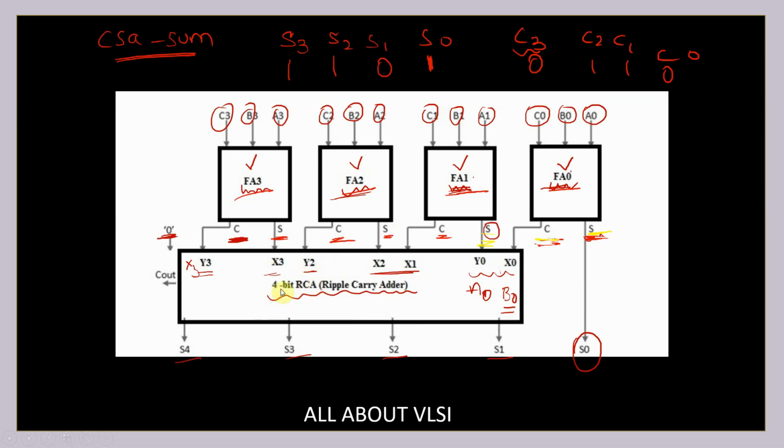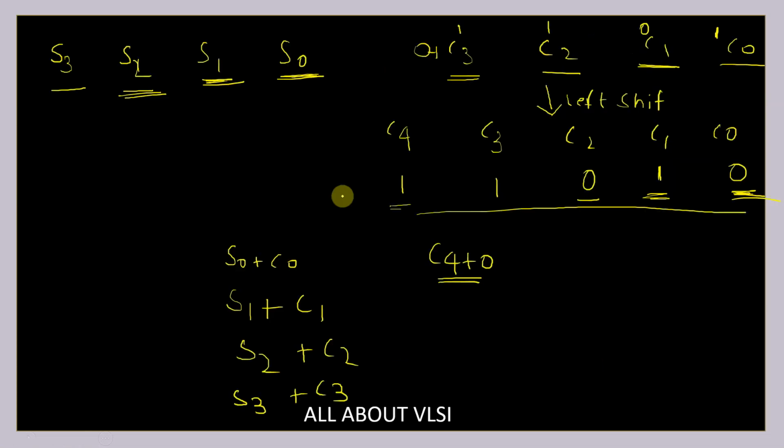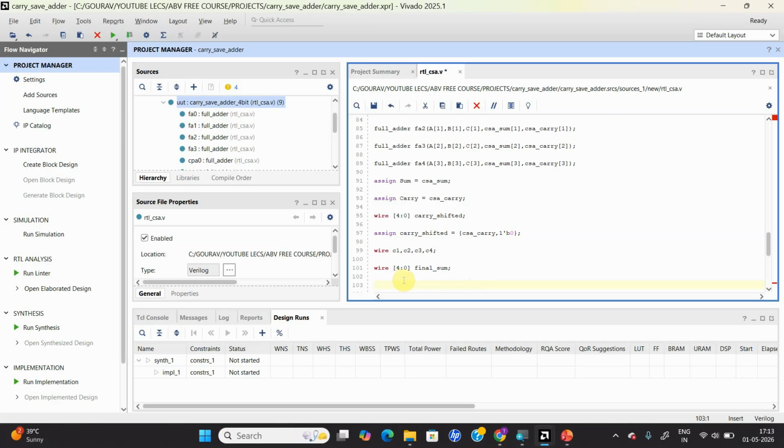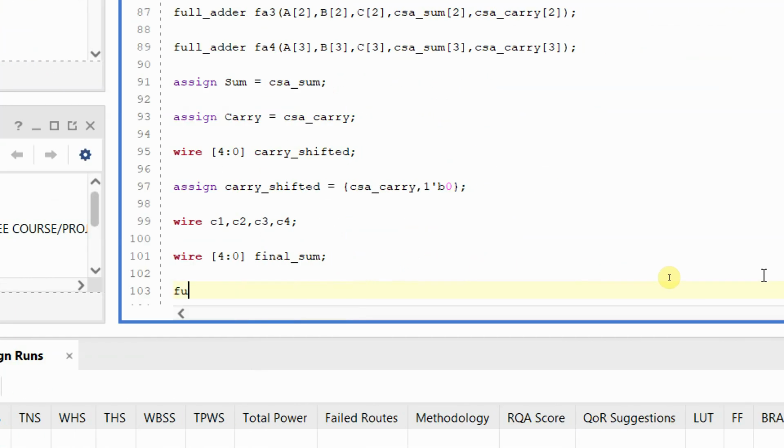Not a 4-bit, we are going to take a 5-bit triple carry adder over here. Why do we need a 5-bit triple carry adder? Because we can see S0 C0, S1 C1, S2 C2, S3 C3 and C4 plus 0. For this we need a 5-bit triple carry adder. So let's build a 5-bit triple carry adder over here.